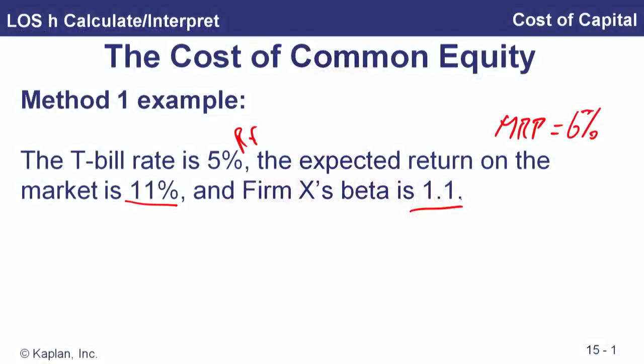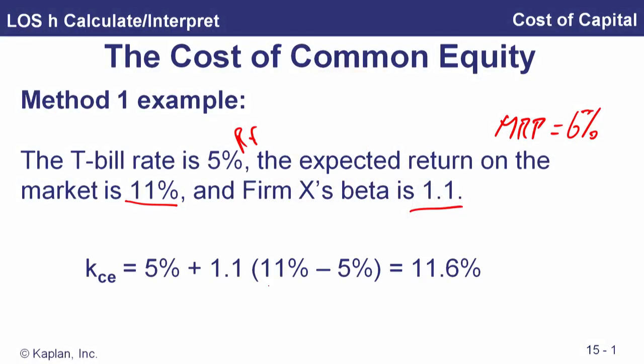So if on the market portfolio we get an extra return, a premium of 6%, well, this firm has 1.1 units of that. It has 10% more risk than the market portfolio. So we get 1.1 market risk premiums. 1.1 times that 6 there is 6.6. Add the 5 and get 11.6. So that's one way we might calculate the required rate of return on common stock.